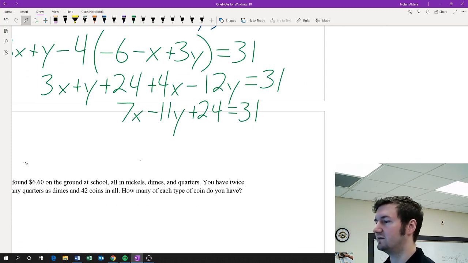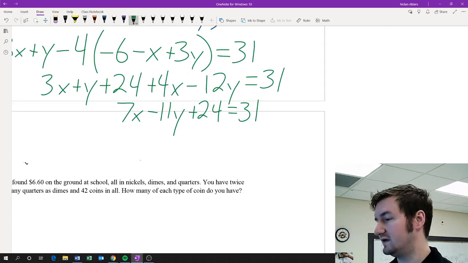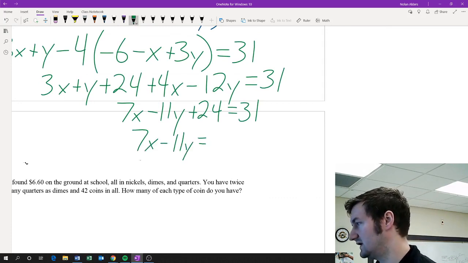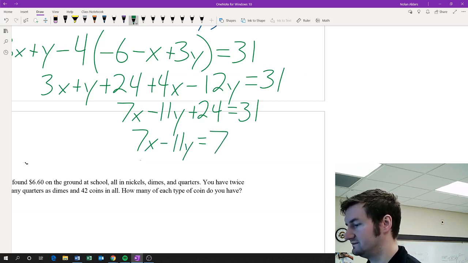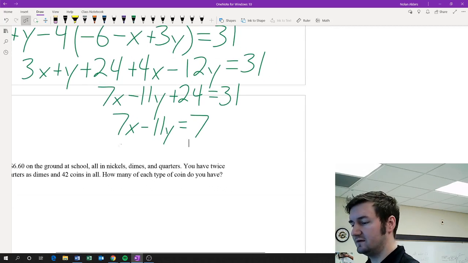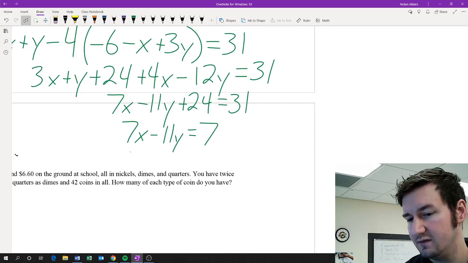So we could take that equation, we could subtract the 24, so we get 7x minus 11y equals 31 minus 24 is 7.